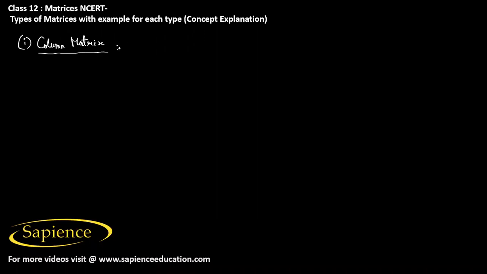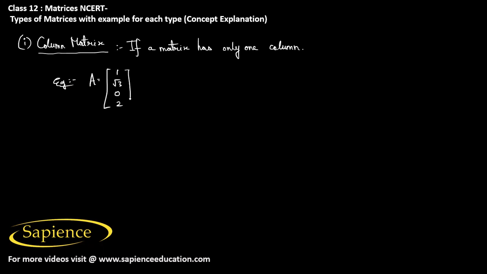If a matrix has only one column, then it is called a column matrix. Suppose, for example, we have a matrix A, which is 1, root 3, 0, 2.